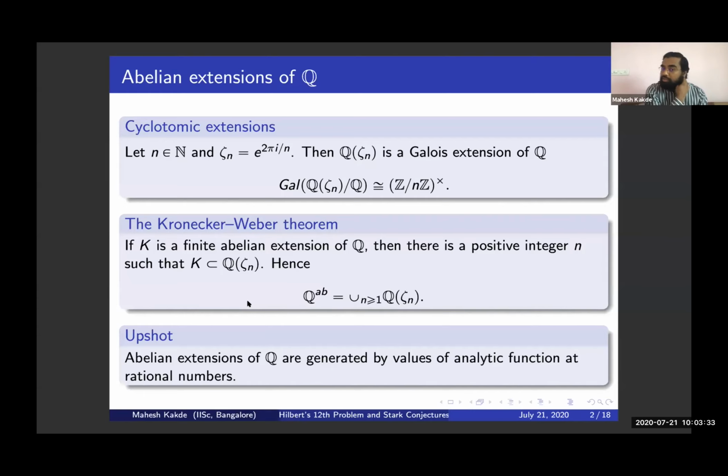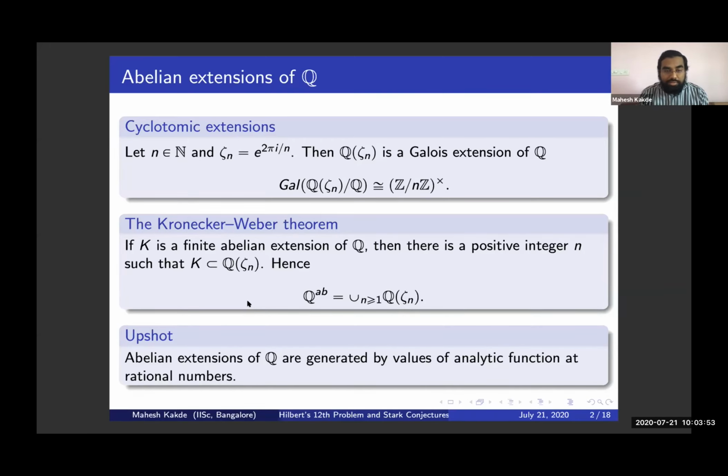Kronecker first stated it in the 1850s, and Weber gave a proof in the 1880s, which had a flaw that was discovered nearly 100 years later. The first correct proof, as far as we know, is due to Hilbert from the 1890s. This is called the Kronecker-Weber theorem.